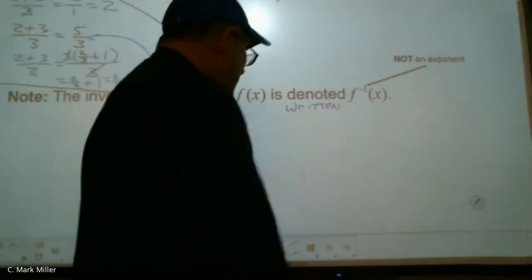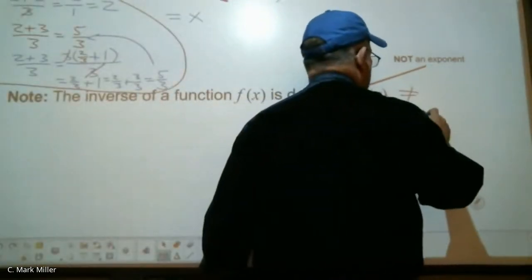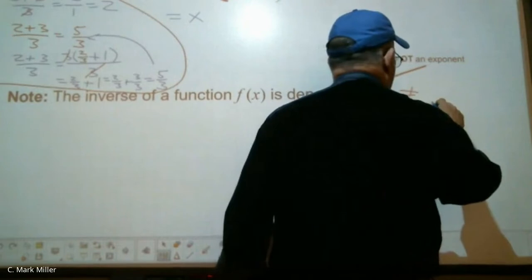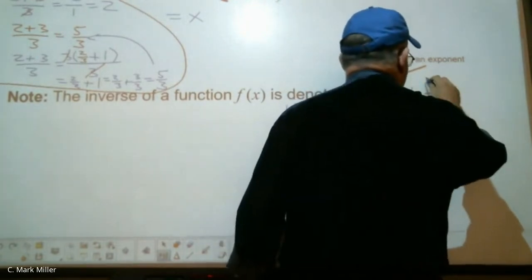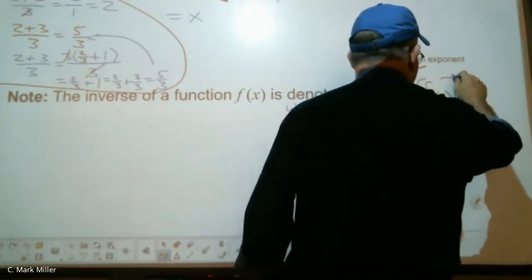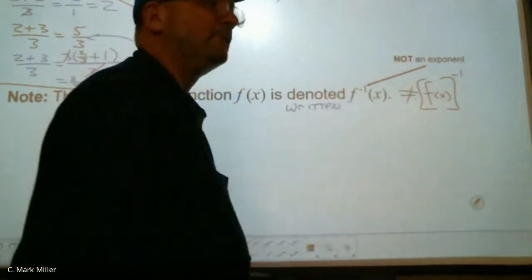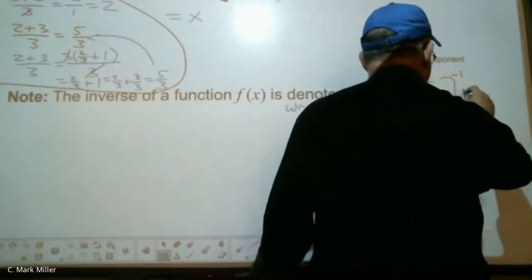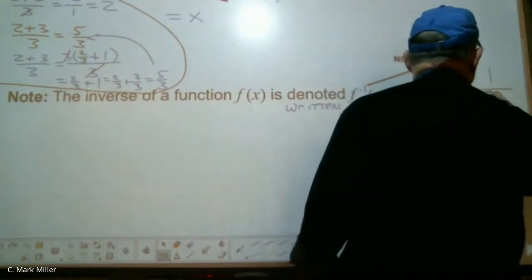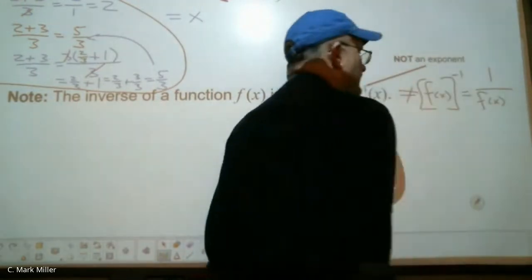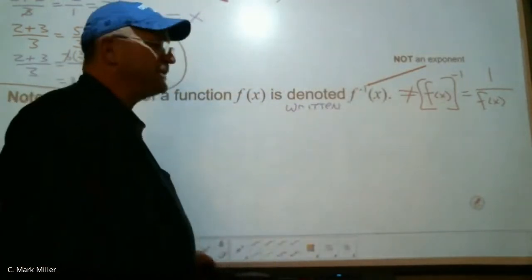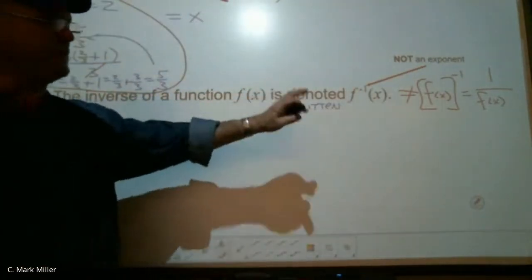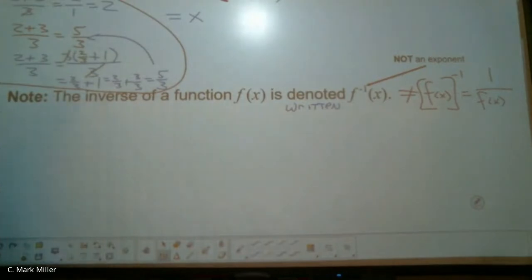So this does not equal f of x to the -1, which would equal 1 over f of x. Those are different. So get used to that notation. It's pretty standard across textbooks.